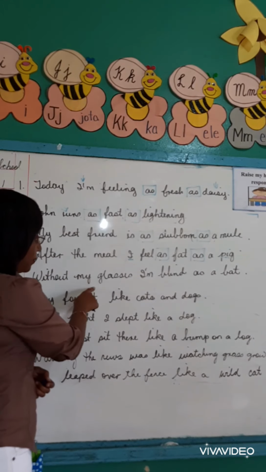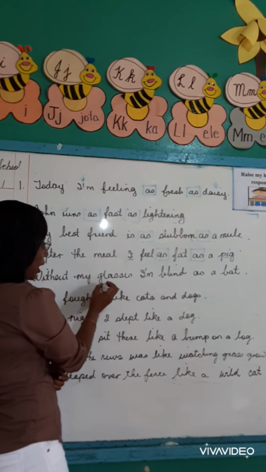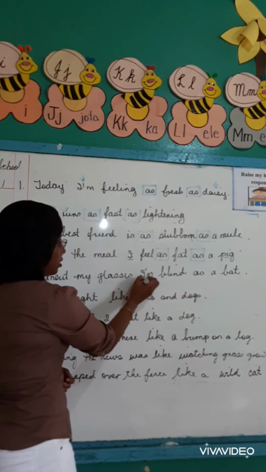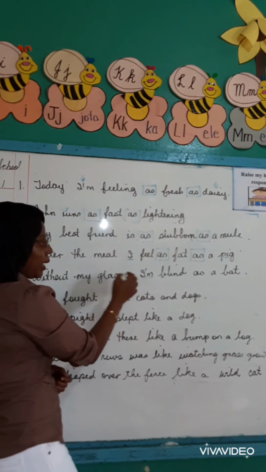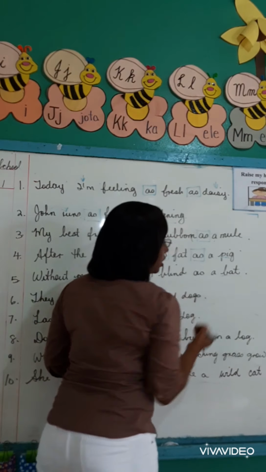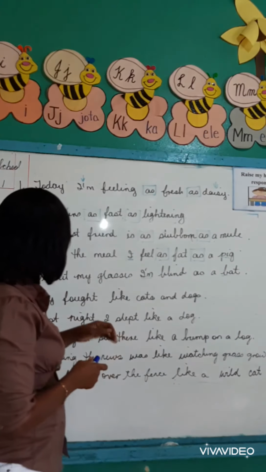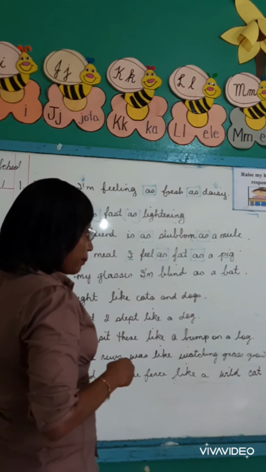They're comparing this person, without glasses, with a bat. A bat is blind during the day, you can't see, right? So they say blind as a bat, but a bat can't see.